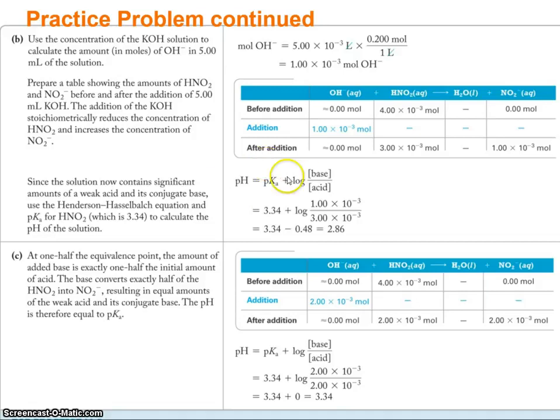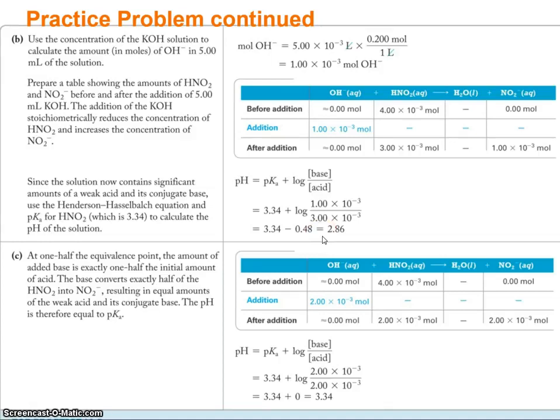I'm going to use Henderson-Hasselbalch: pH equals pKa plus the log of the base over the acid. So 3.34, the pKa, plus the log of 1 times 10 to the minus 3 over 3 times 10 to the minus 3. It gives me 3.34 minus 0.48, or 2.86. That's the pH when I've added in a little bit.